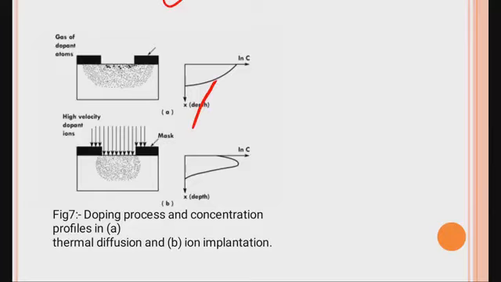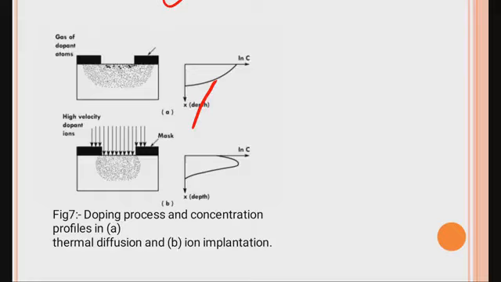But in case of ion implantation, this is another doping procedure, figure B. In ion implantation, the dopant atoms are ionized and then made to impinge on the wafer surface where they penetrate.